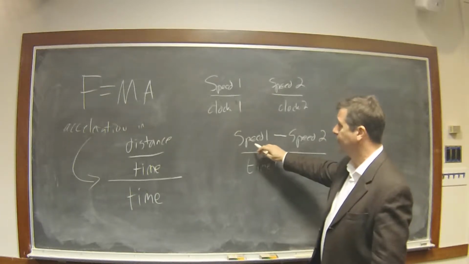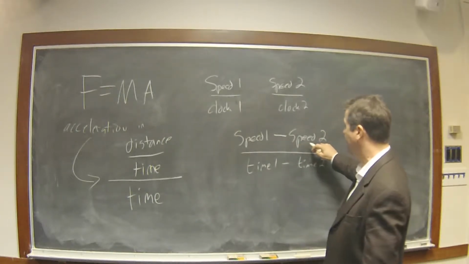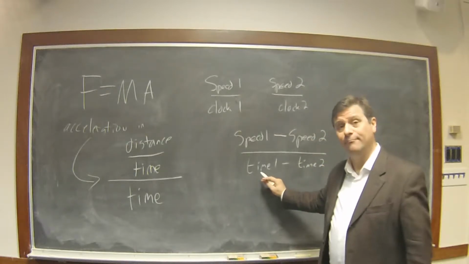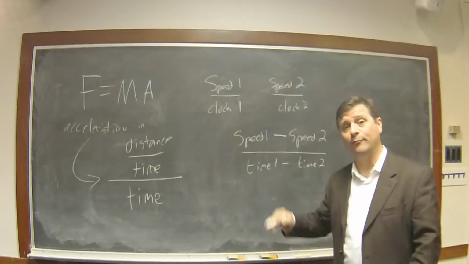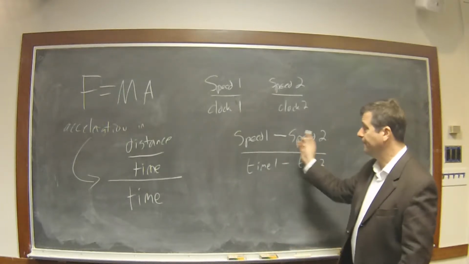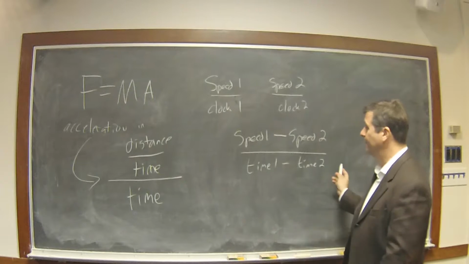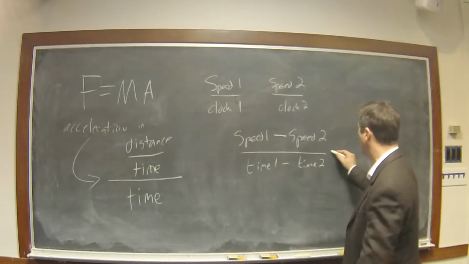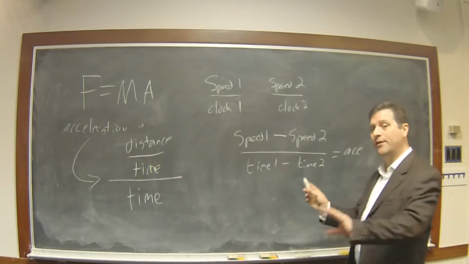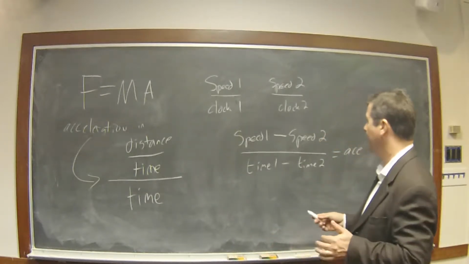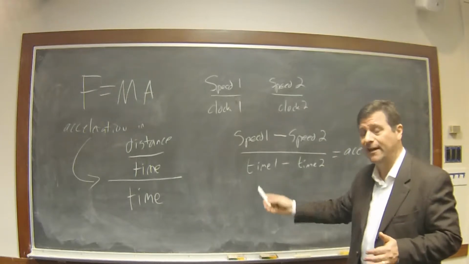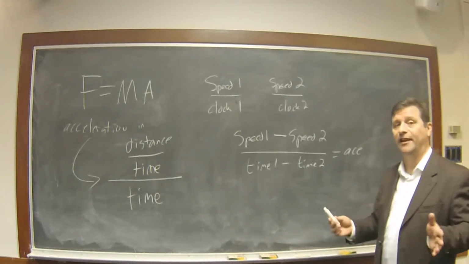If we start from a small speed and go to a big speed, we get a big negative number. But for time, say we start at 10 seconds and end at 15 seconds, that's also a negative number, so they cancel. So the difference in speed divided by the difference in time, that's an acceleration. Whether it's accelerating or decelerating, we really don't care. Difference in speeds divided by difference in times gives us an acceleration.